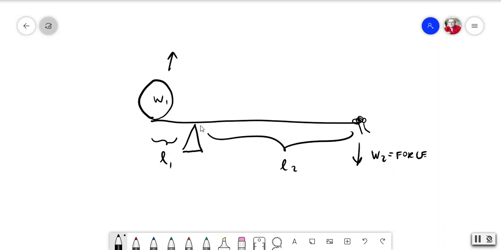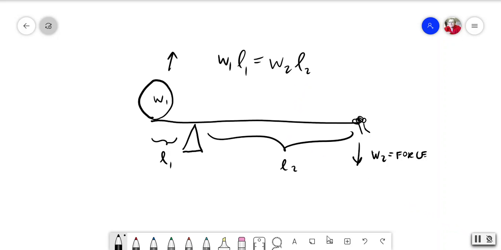So even though the rock weighs a lot, maybe I couldn't even lift it by myself, the lever allows me more efficiently to do that, because W1 L1 has to equal W2 L2. So the bigger this weight is, the shorter I have to make this, and the longer I have to make that, so that I can lift it up as a lever.